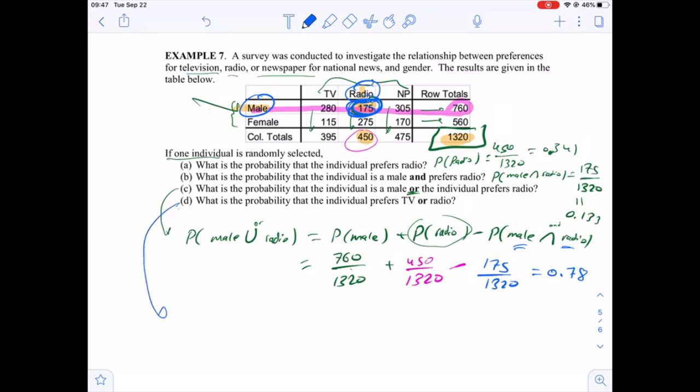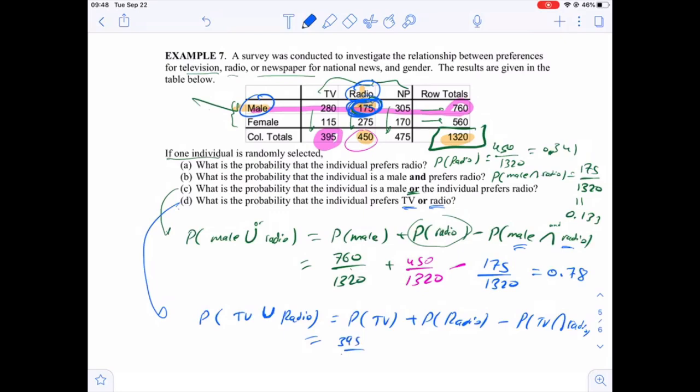Now part D, what is the probability that the individual prefers TV or radio? Probability of TV or radio. And for or we use union. So this is also the addition rule, probability of TV plus probability of radio minus probability of TV and radio. What is the probability of preferring TV? For TV we have 395 persons out of 1320.